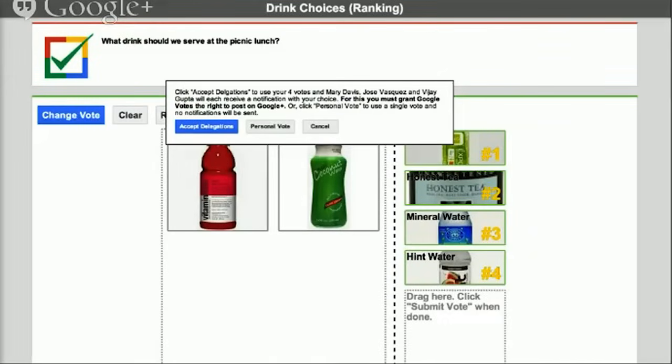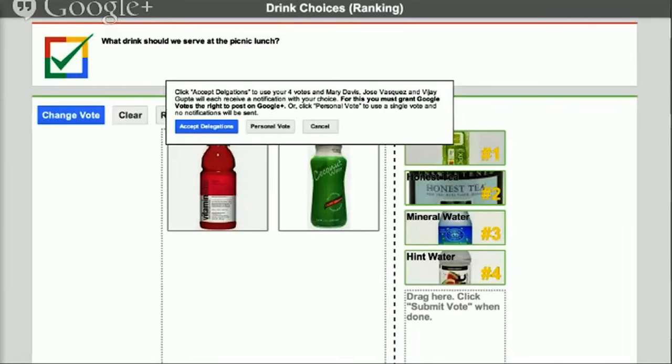Another thing is this notion of accountability. If you vote in someone's name, you have to tell them that you voted in their name. We do that by sending them a Google Plus post. Right before we send that notification, we give the delegate a choice, because there's actually a privacy issue for the delegate here: maybe I don't want to tell people what I voted.